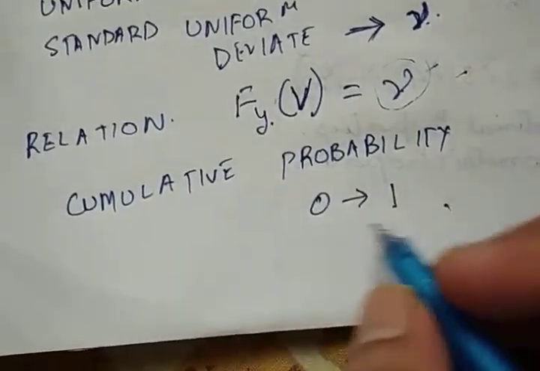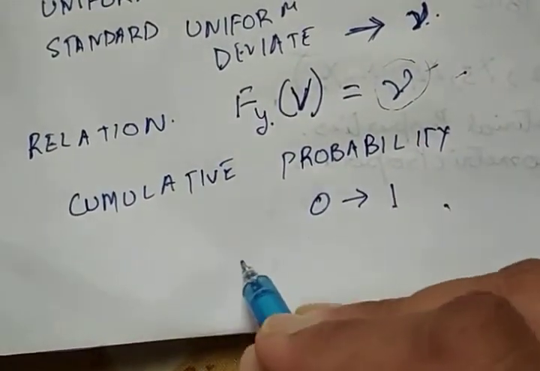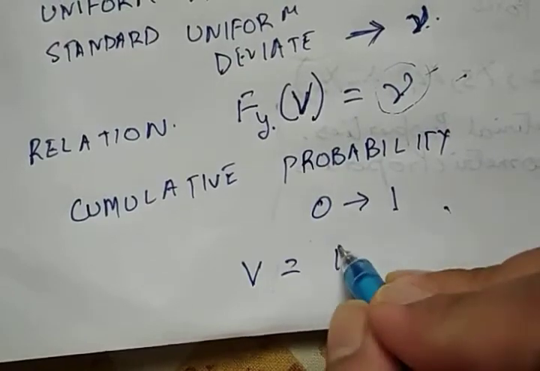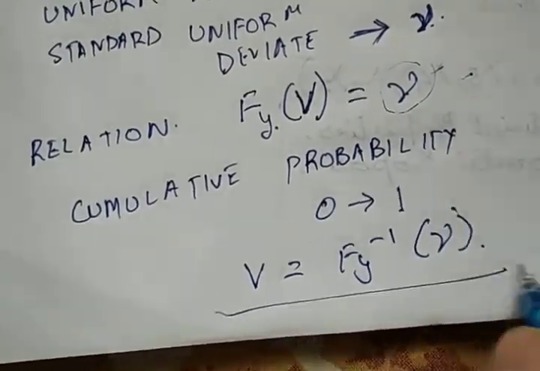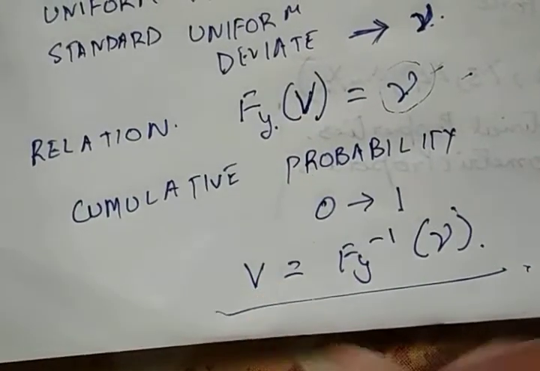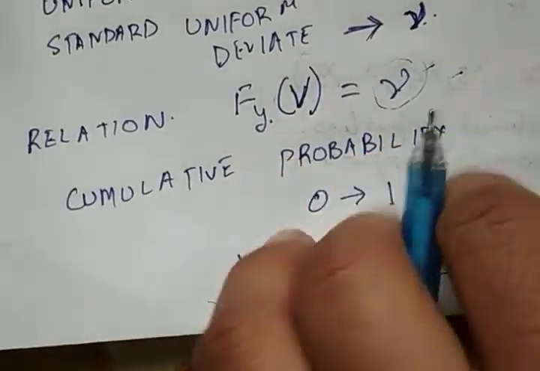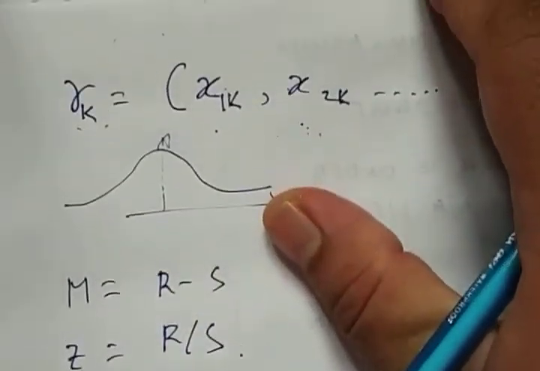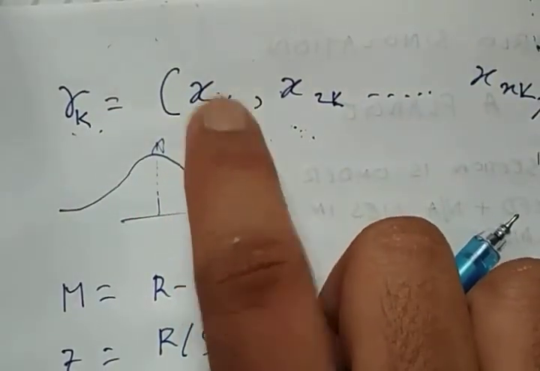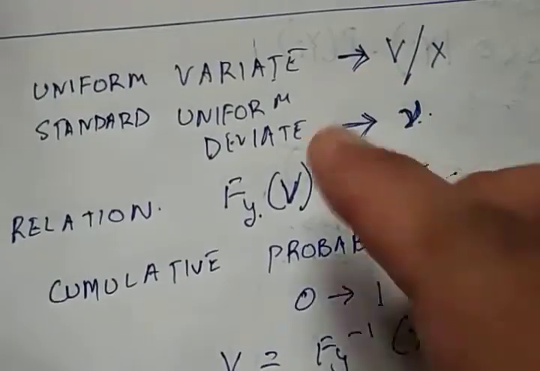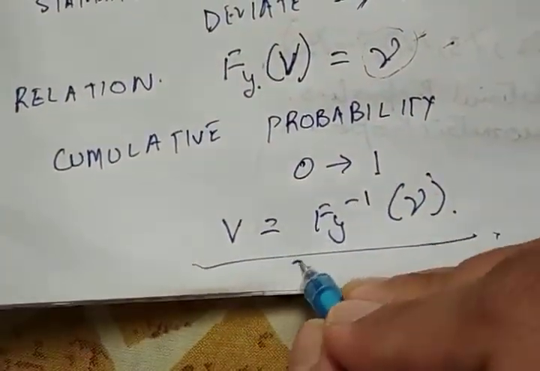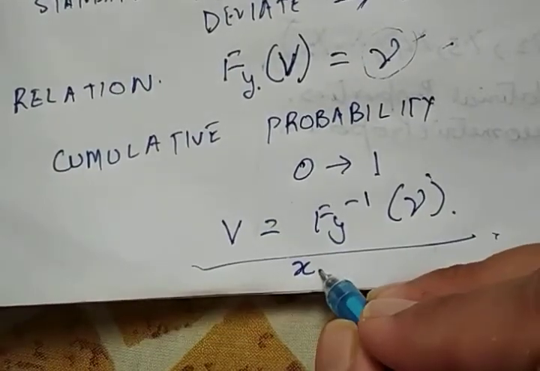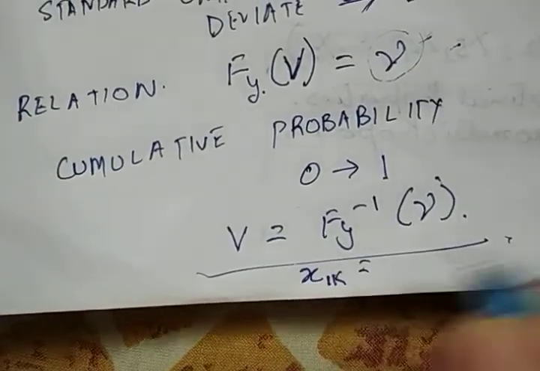So as a result, how can we find out these V's? We have to do the inverse transformation of this nu and we will get the V values. So let's say this V we have considered as the depth of the beam, x1k.